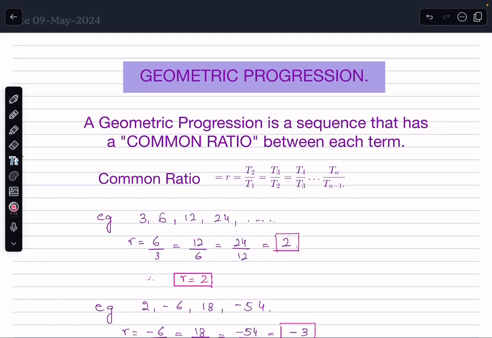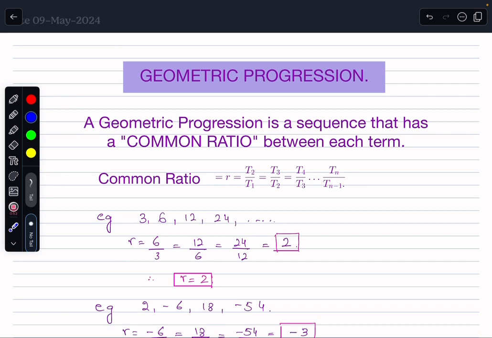And the topic here is geometric progression. A geometric progression is a sequence that has a common ratio between each term. And what is the common ratio? The common ratio is represented as R, and this is the ratio between two consecutive terms, so we can say it's T2 divided by T1, or T3 divided by T2, or T4 divided by T3, and so on.